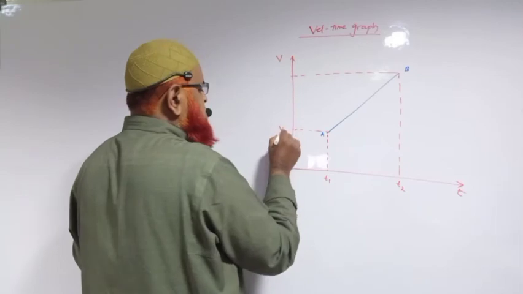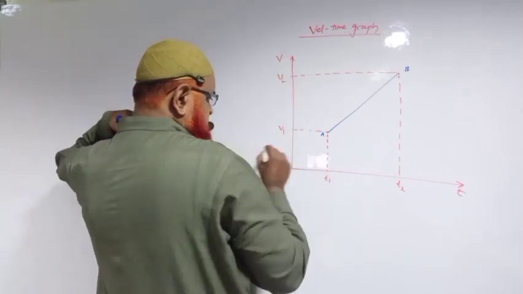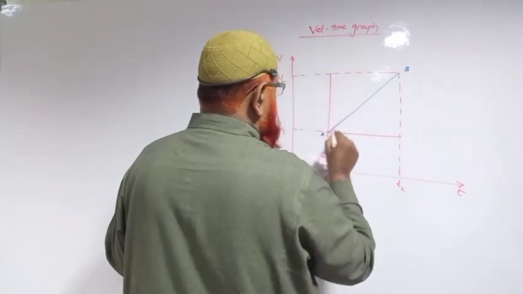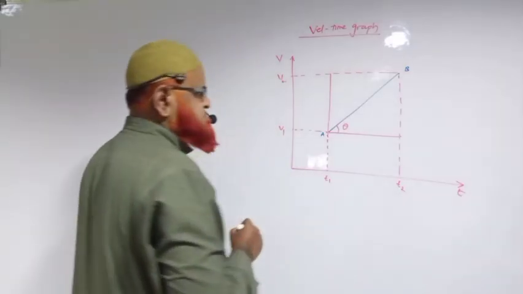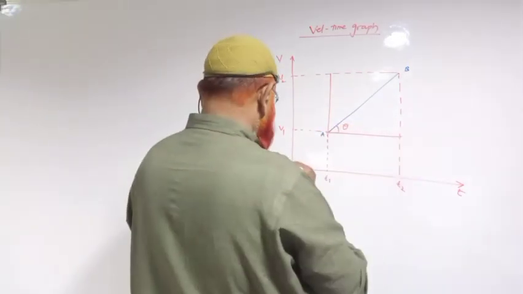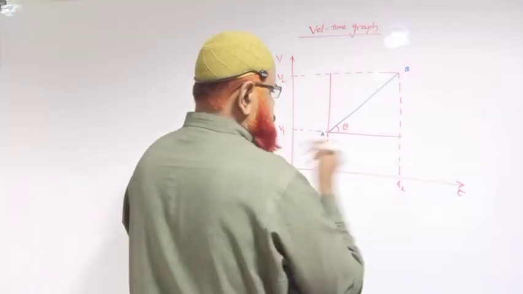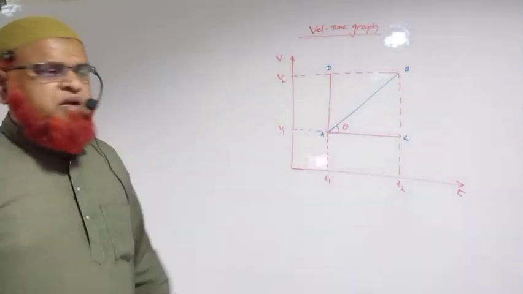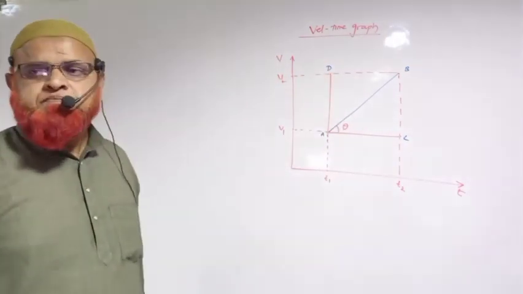This is imagined to be V1, this is imagined to be V2 here. Now I am drawing the lines here. This is theta, this is AB, and you can write this as C and D. Okay, so C and D here.